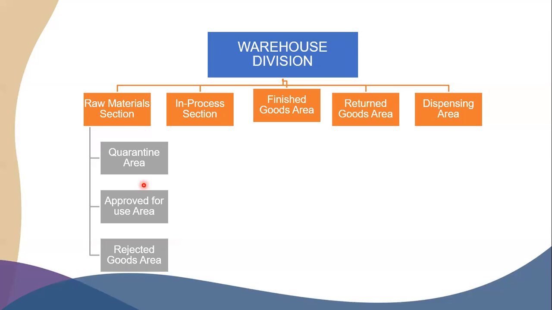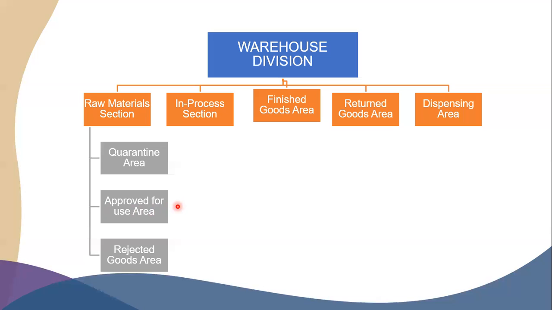After that, if okay na yung inventory nyo for your raw materials, then it will be approved for use area. Ililipat na naman yan sa another area where it will be labeled as good for use na. Meaning that it will be used to start the process for production na. Then you also have your rejected goods area.